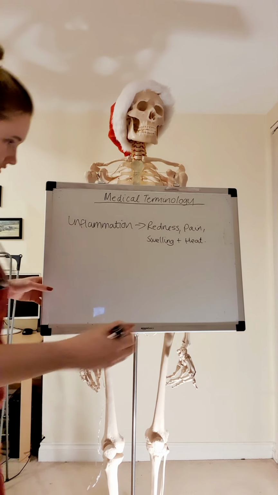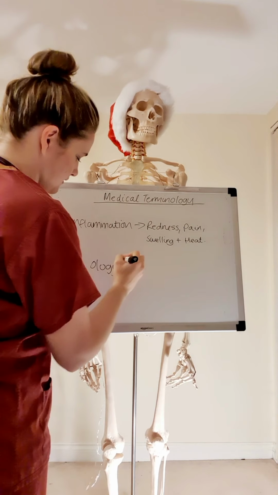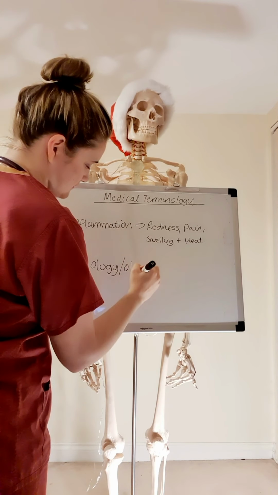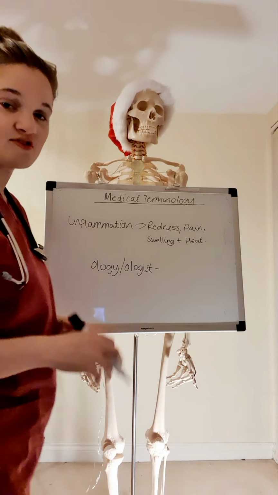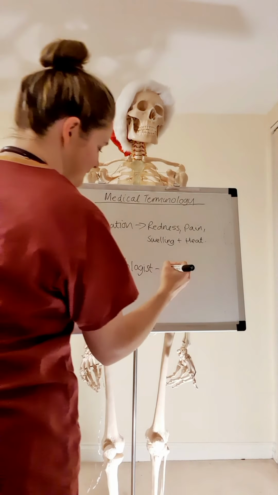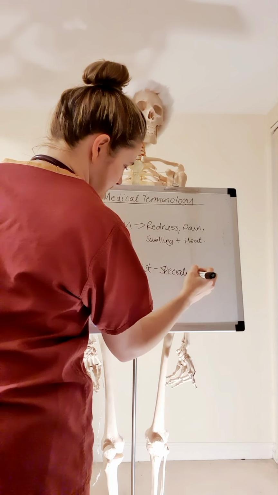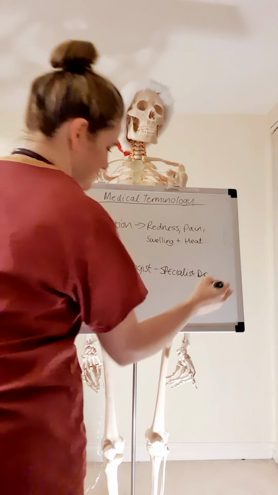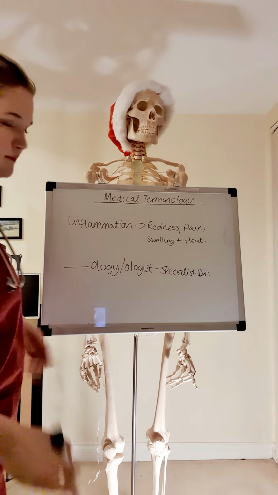Okay, and just one more thing I want to go through is an ology or an ologist. Now essentially, that's just a specialist doctor, okay? So it's a physician or a clinician that specialises within whatever comes before this.